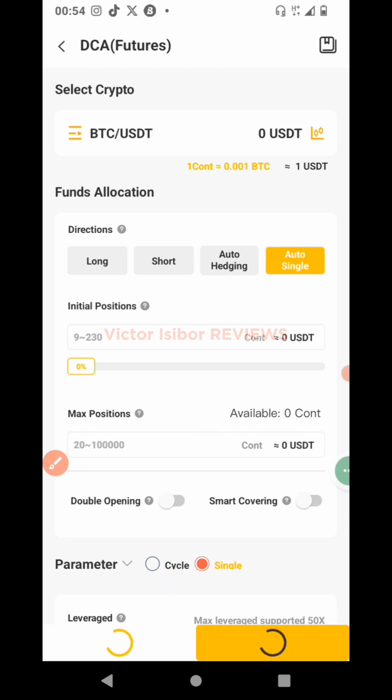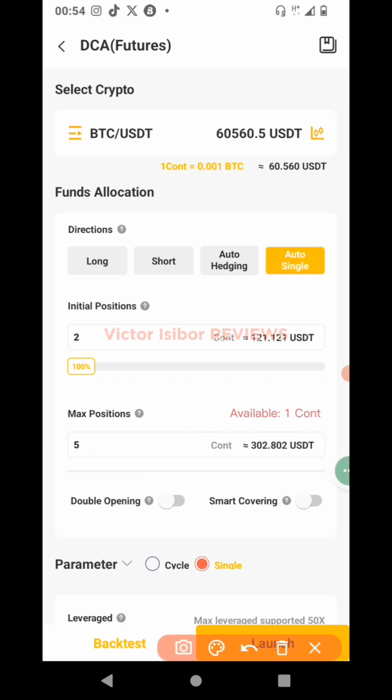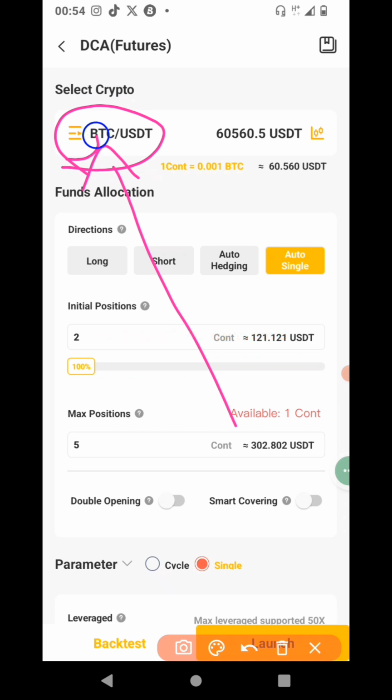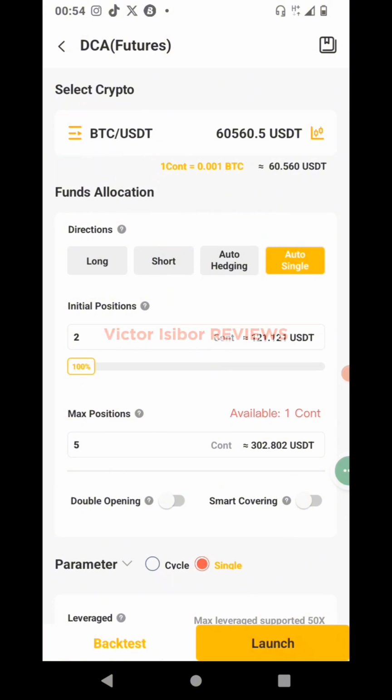When you click on start, by default, you will see the king of crypto here, BTC. But you see those three horizontal lines? When you tap on it, it enables you to select the coin of your choice.